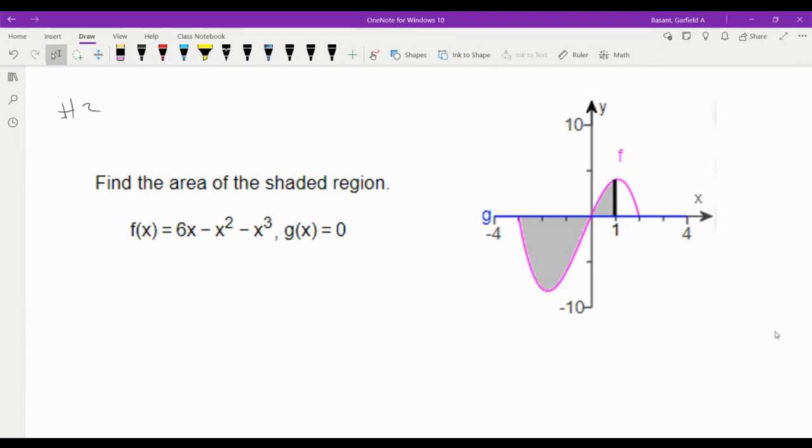G is the blue line. So which one is on top, the F or the G? Alfred, why do you say F? I think he's saying F maybe because on the right side of the graph.